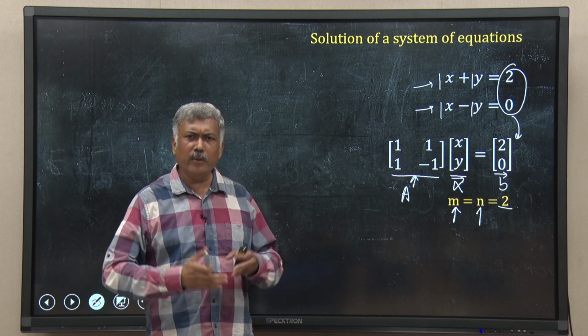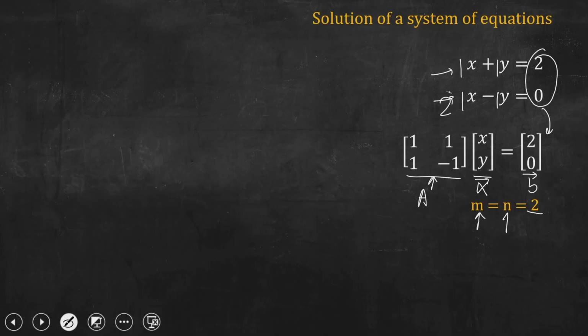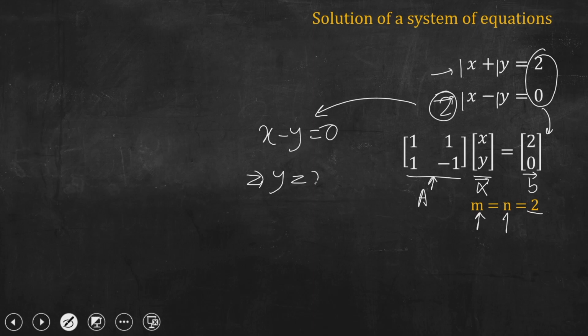Very easy to solve, every one of us has learned that in school. What I will do, I will take the second equation, and from that I will get x minus y equal to 0, that means y equal to x.